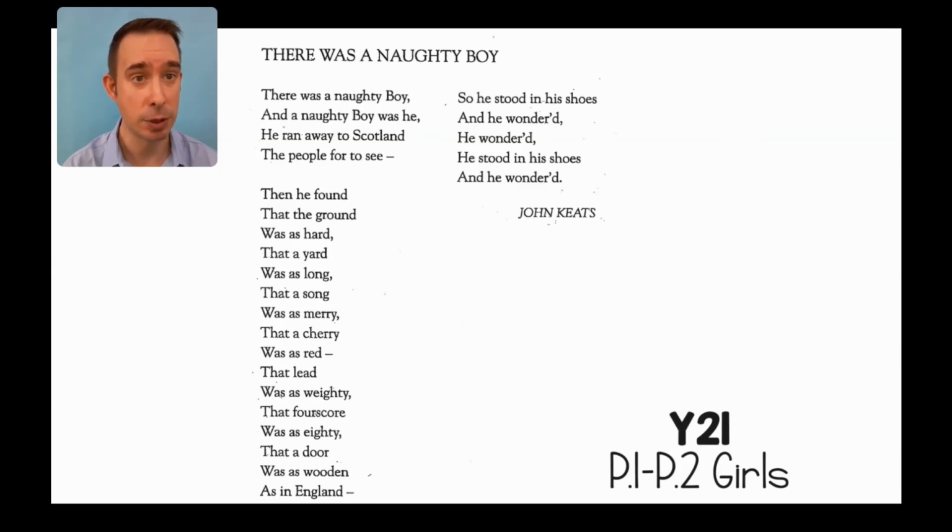Then he found that the ground was as hard, that a yard was as long, that a song was as merry, that a cherry was as red, that lead was as weighty, that 80 was as 80, that a door was as wooden as in England. So he stood in his shoes, and he wondered. He wondered. He stood in his shoes, and he wondered.